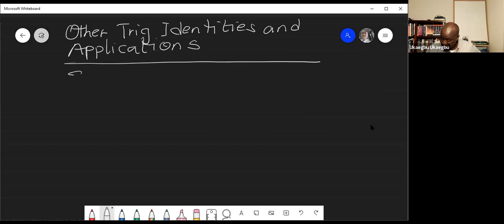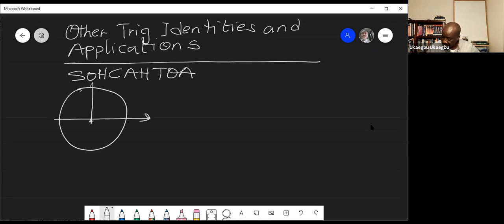You know your SOHCAHTOA, and from a unit circle, we determine that tangent theta is equal to sine theta over cos theta.